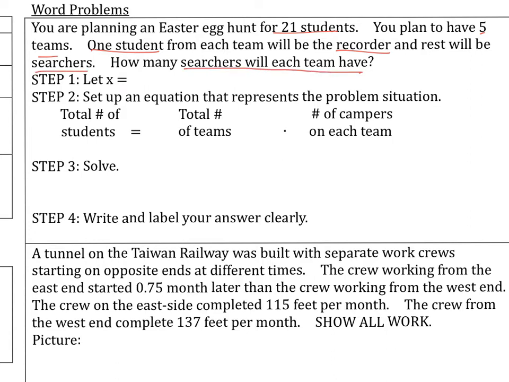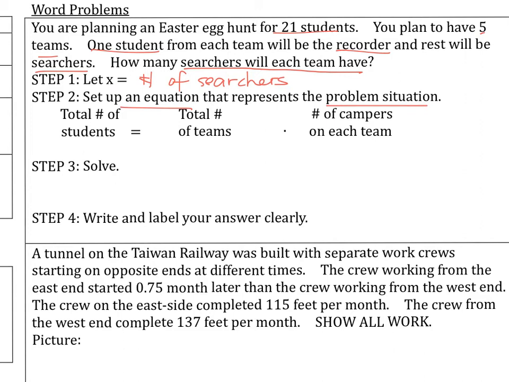So first of all, we need to set this equation up, and before we do that, we need to define x. Let x equal the number of searchers. And second, we're going to set up this equation to represent this problem situation.